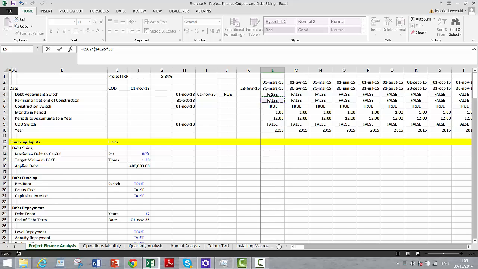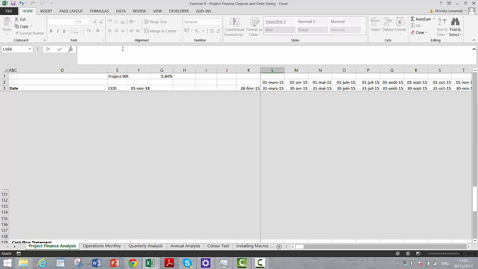I don't have an operating switch, so I just have a construction switch. So why don't we just put not the construction switch, and then put another bracket.